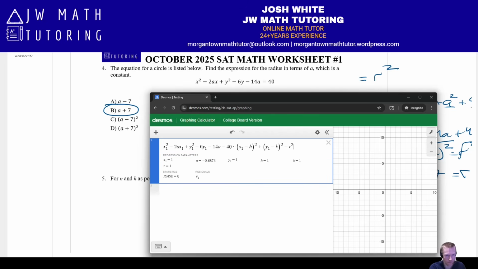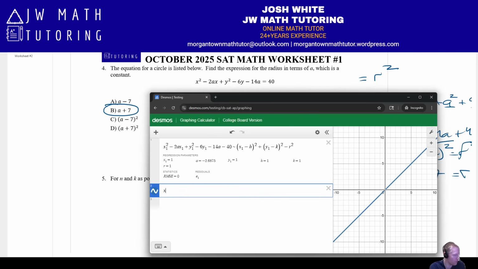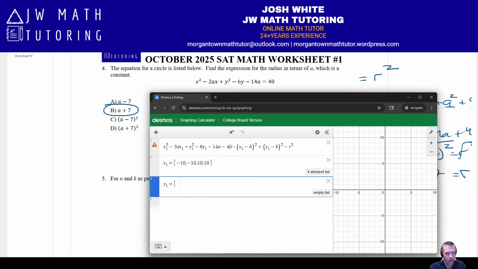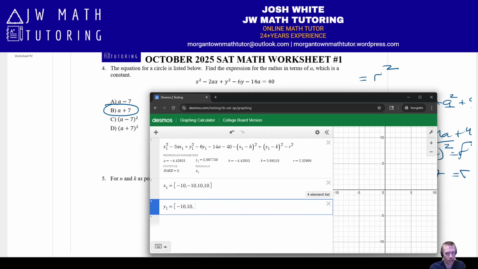Okay. And now what I need to do is define a list, an element list for x1 and y1. It's going to be much quicker if you pick a number and pick its opposites. So like I use 10 and negative 10, and then I pair them up so that I get each combination of numbers with each other.